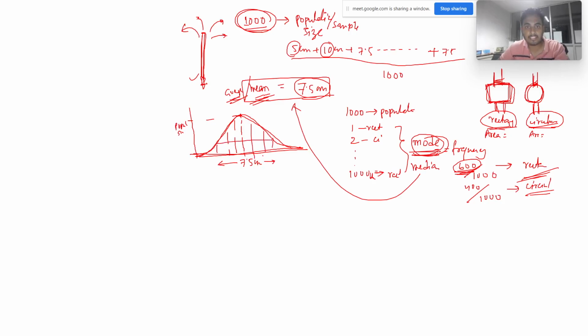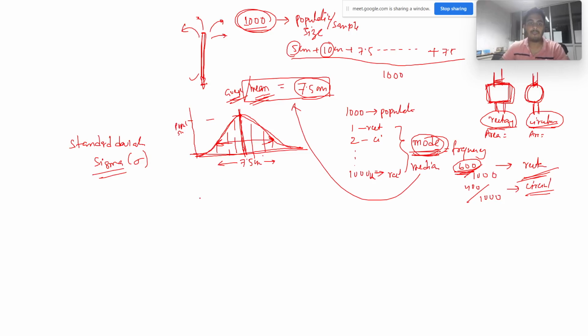And this variance, like a distribution, how much variation exists in the case of a pencil, is defined by something called sigma. This is called standard deviation. Sigma means this particular symbol.